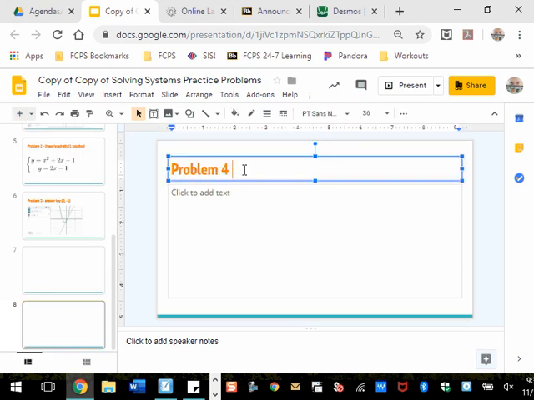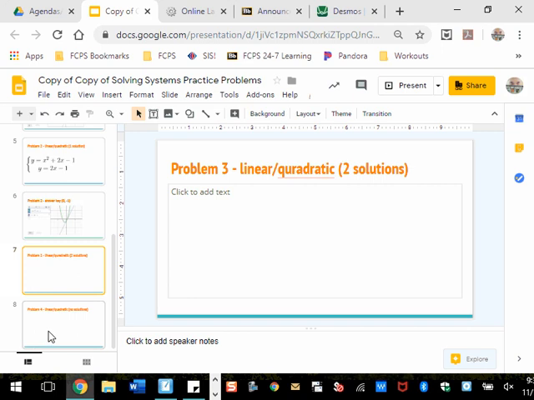And then problem 4, linear quadratic, no solutions. In addition to your written homework, I want you to create 2 more pairs of slides, the problem and the answer key, for a linear quadratic with 2 solutions and a linear quadratic with no solutions.